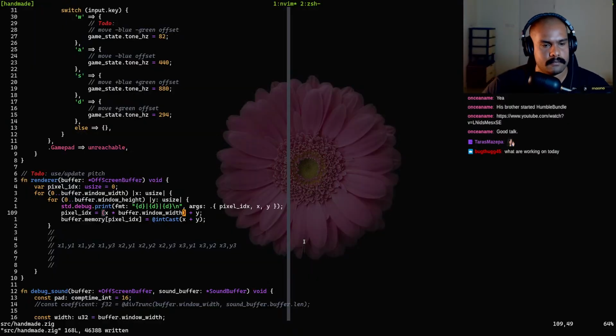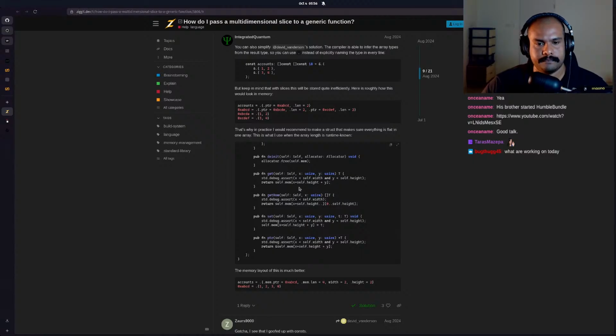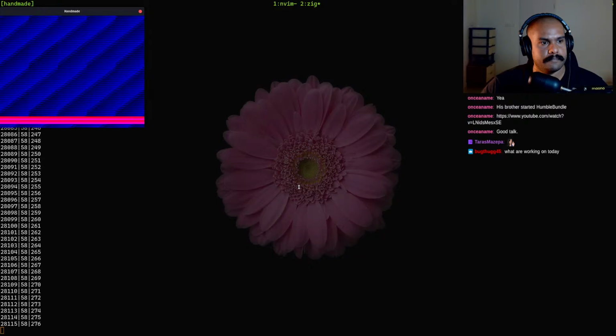Height comes first. X times self dot height. I would have thought it would be the other way around.